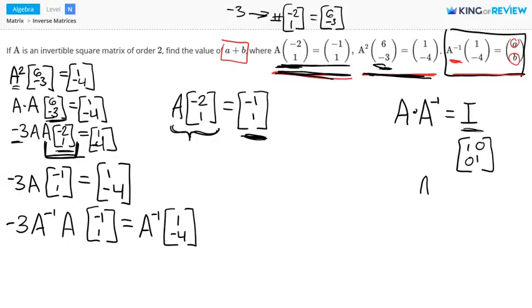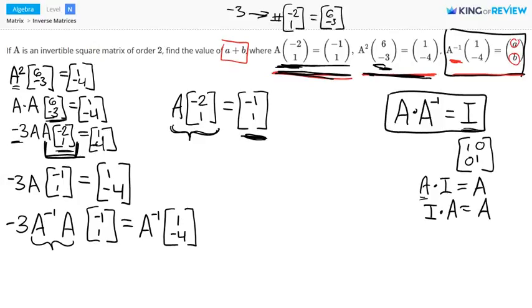So if we have A times the identity matrix I, you're going to end up with the original matrix. Or if we have I times A, you will still end up with A. So if you notice here, we have A inverse times A. So we know that this is going to be an identity matrix here.